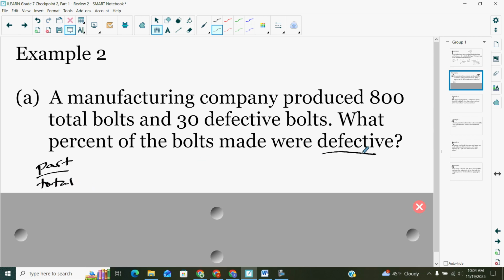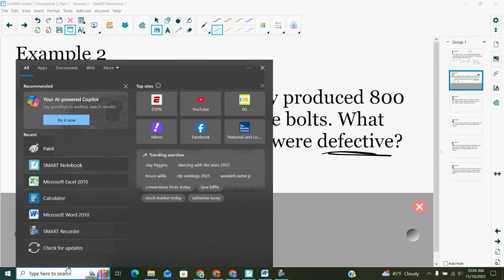We are looking for defective. We have 30 defective bolts. Total this time is given to us, 800 total bolts. 30 divided by 800.